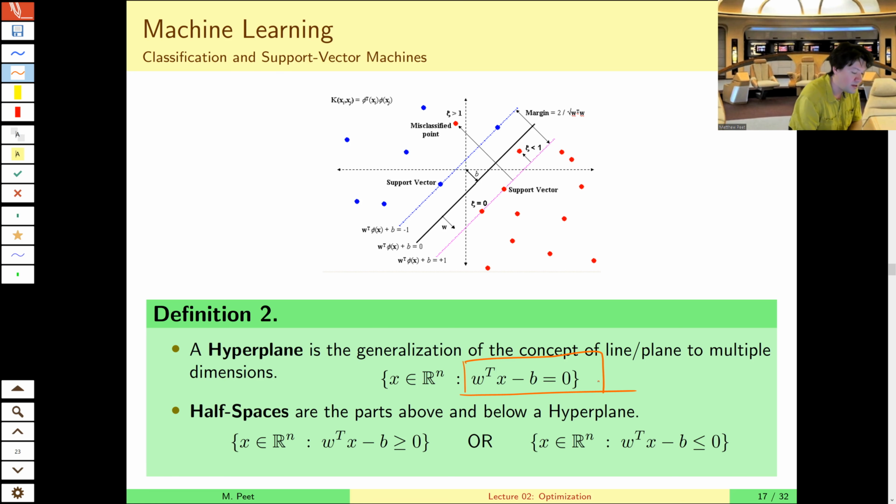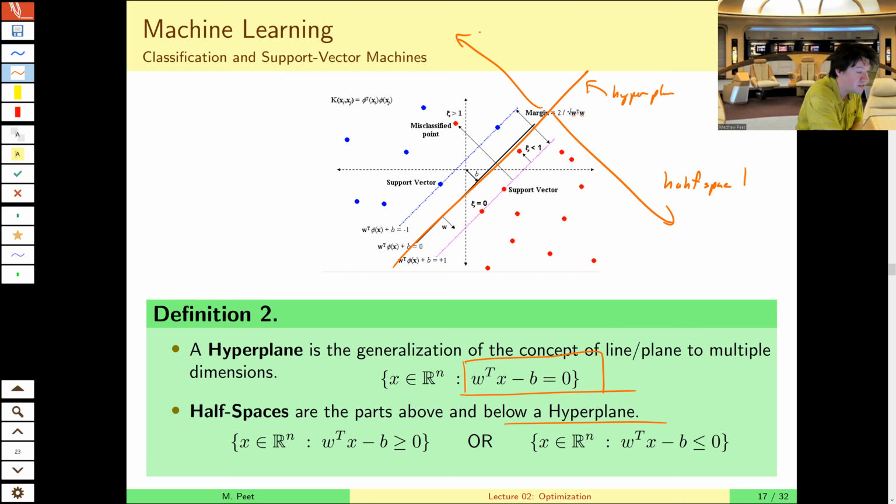Here's the hyperplane, then, in this two-dimensional data set, which looks suspiciously like a line. And that's one half space, and then above it is the other half space.